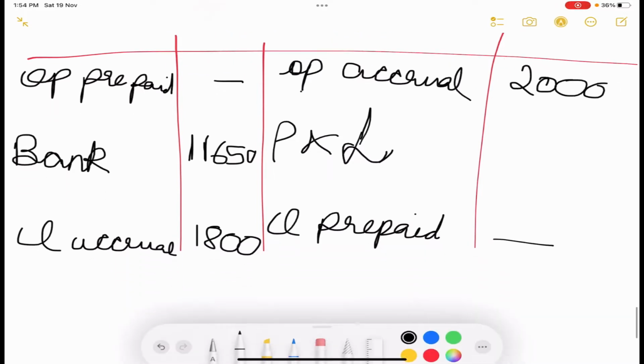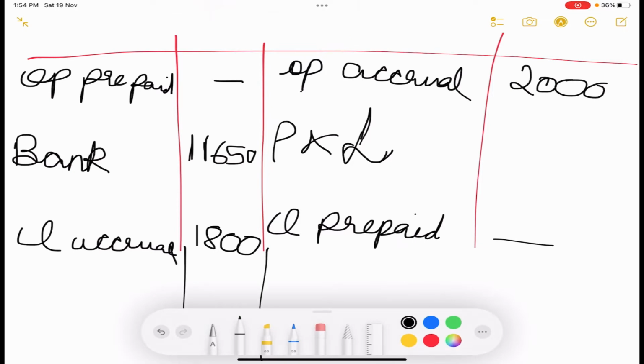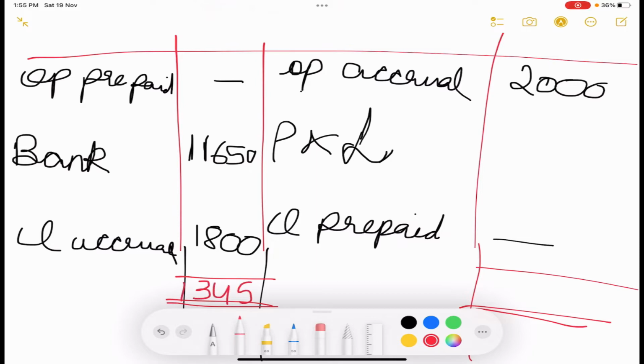Now let's just do the balancing. 13450. Here also it will be 13450.